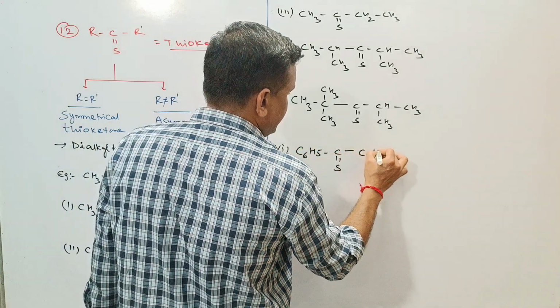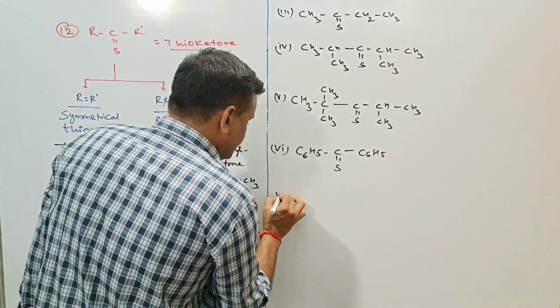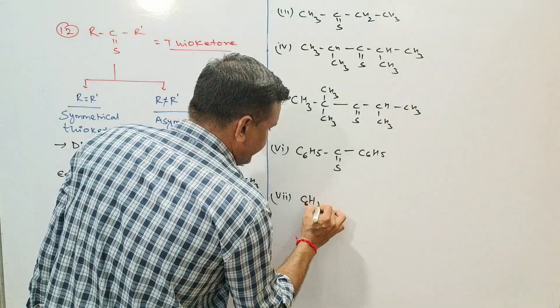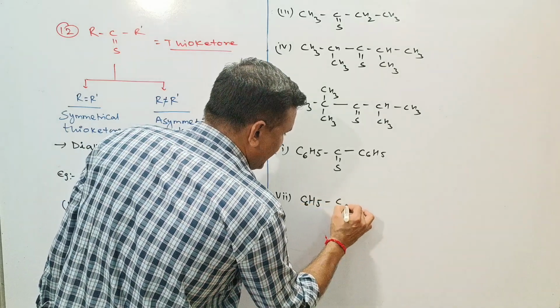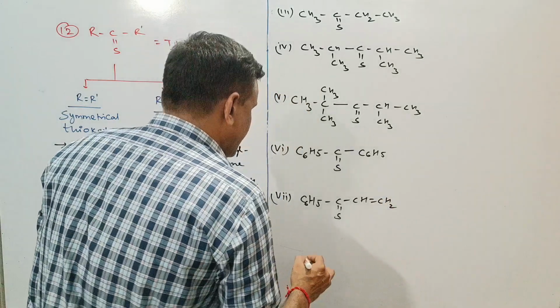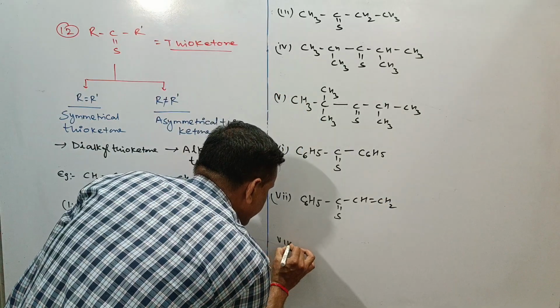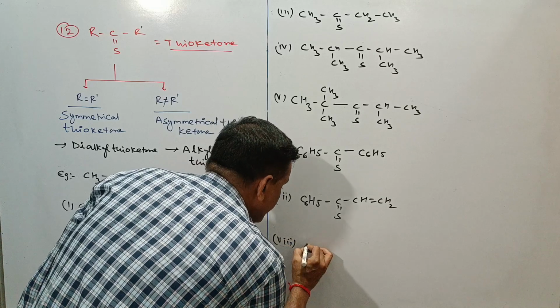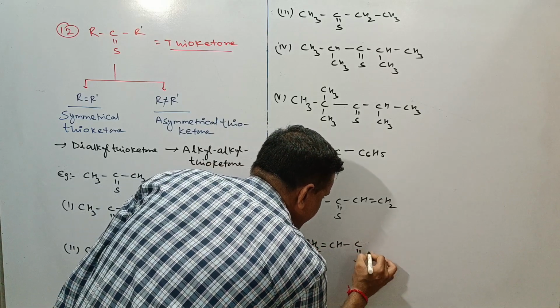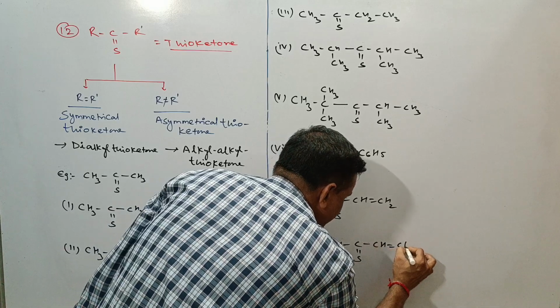This is the C6H5. This is the seventh compound, C6H5, C double bond S, CH double bond CH2. This is the eighth compound, CH2 double bond CH, C double bond S, CH double bond CH2.